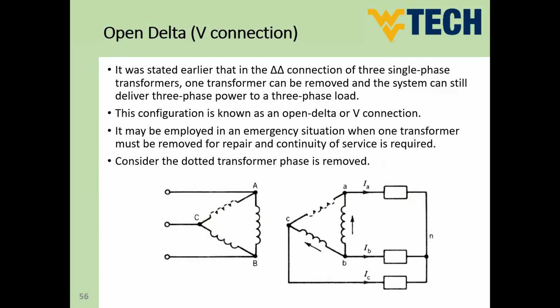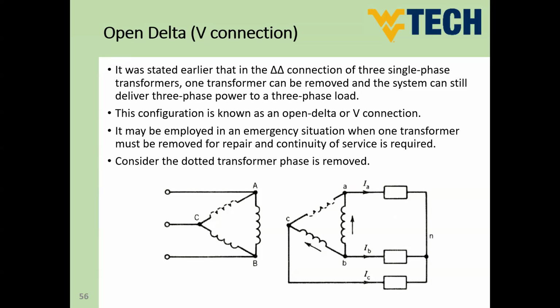Now, let's fly to another idea here, guys, which is the open delta connection of our transformer. We mentioned before that we have 4 well-known connections for the transformers. These connections are YY, Y delta, delta Y, and delta delta transformers.